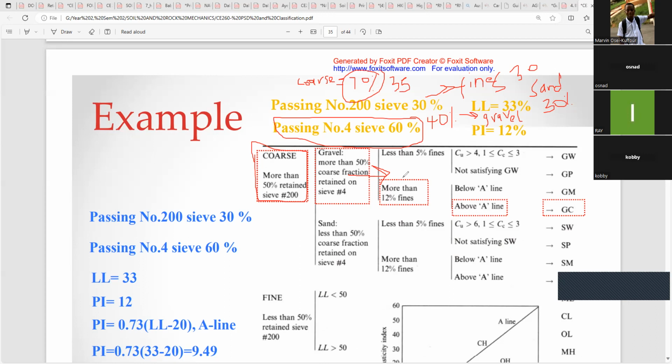It is 30. So we have our fines to be 30 and it is more than 12%. So we choose that. Okay, we have our liquid limit and our PI. Put it in the equation or plot it and let's see whether you get something below or above.